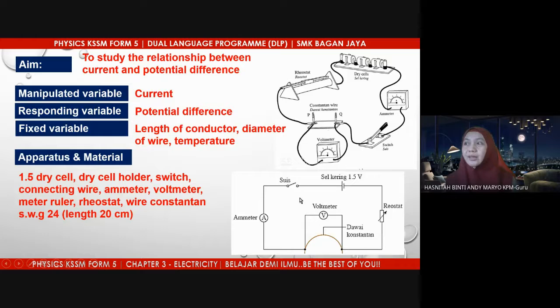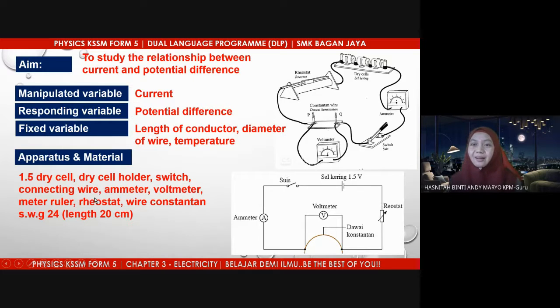We are using a switch, a dry cell of 1.5 volt, meaning a single dry cell, an ammeter, this is the voltmeter, and an adjustable resistor, the rheostat. The purpose of the rheostat here is to adjust the amount of current flowing in the circuit.